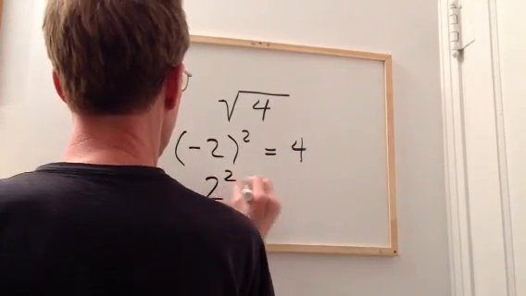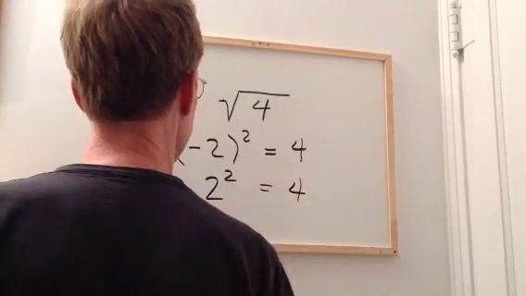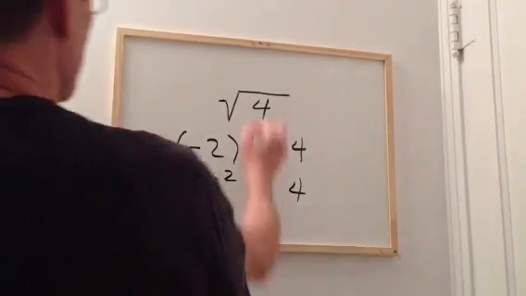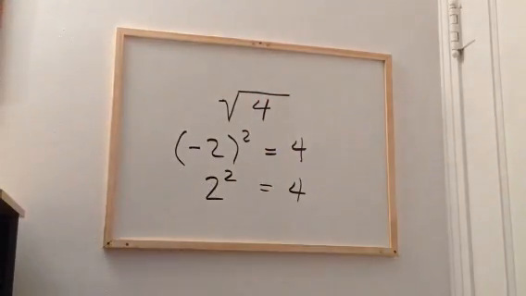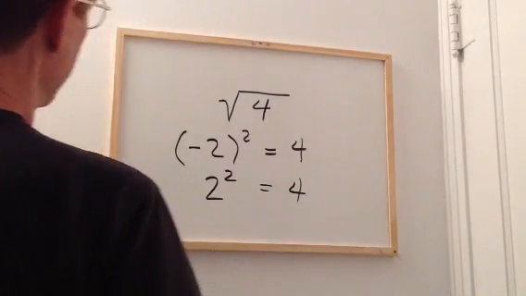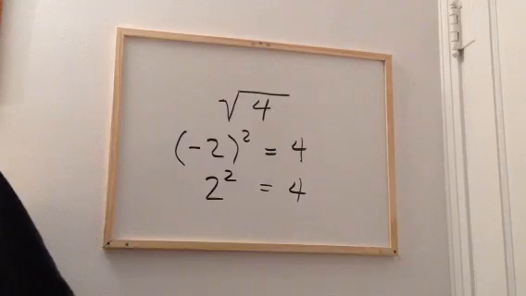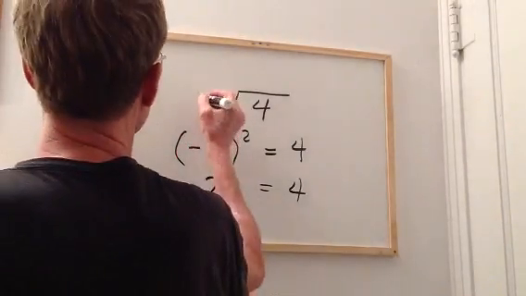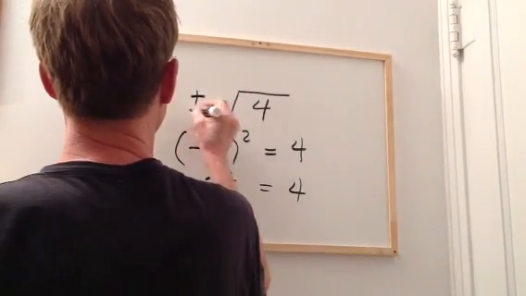If you square the quantity 2, you get 4. So when you talk about the square root of 4, you've got to be very careful to specify whether you mean the positive one or the negative one, or whether you want to talk about them both.